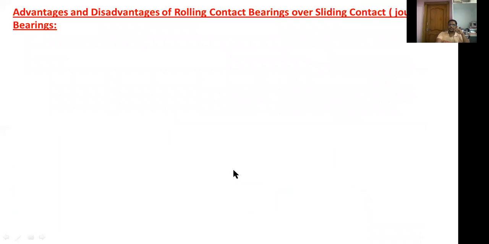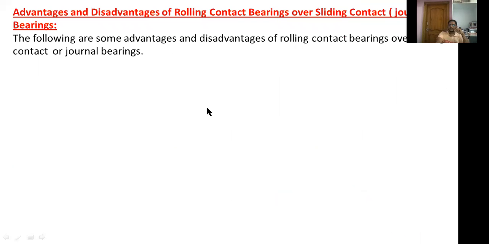Now I am going to explain about the advantages and disadvantages of rolling contact bearings over sliding contact bearings. Sliding contact bearings are also called journal bearings. So the following are some advantages and disadvantages of rolling contact bearings over journal bearings.